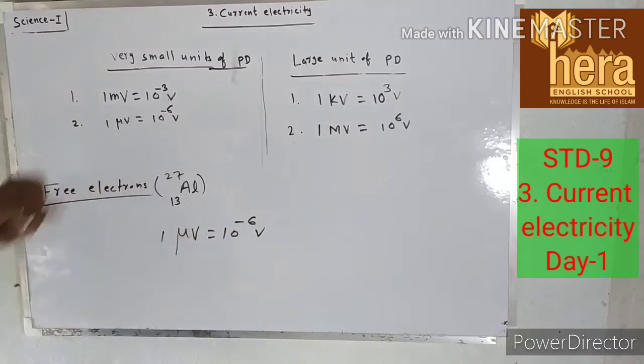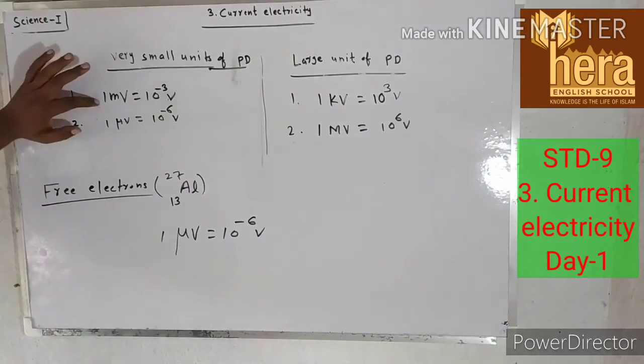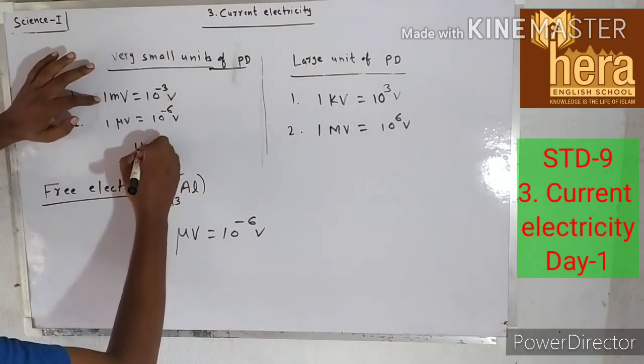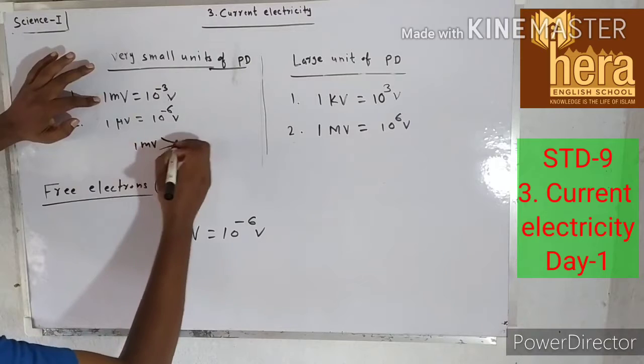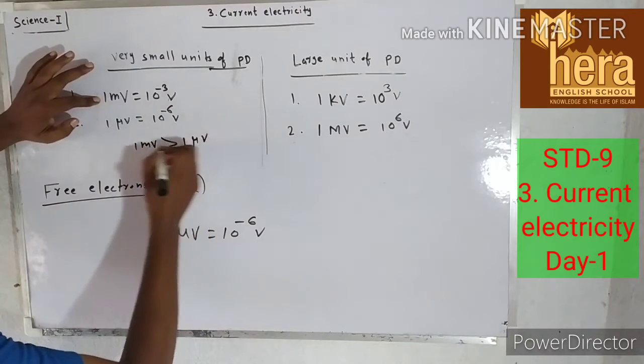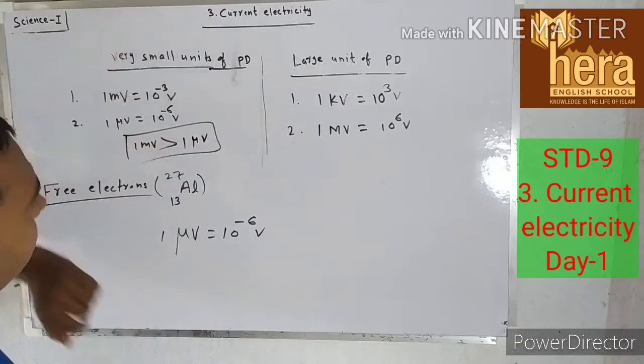Understood? And if I ask which one is greater of these two, then 1 millivolt is greater than 1 microvolt. Understood? This one is greater.